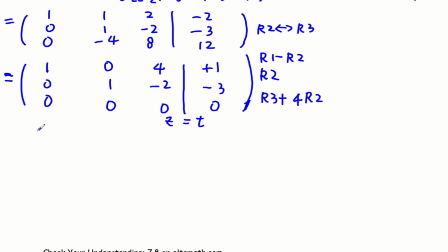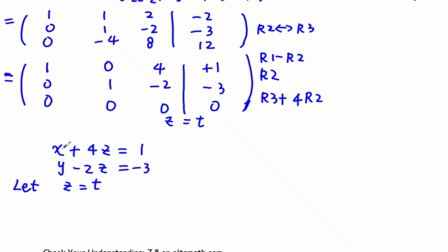Okay, so now we are going to write 1x plus 0y plus 4z equals 1. And the second one is 1y minus 2z equals -3. And we write z equals t, and solve for x, y.